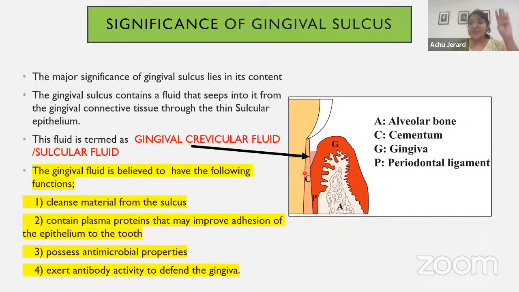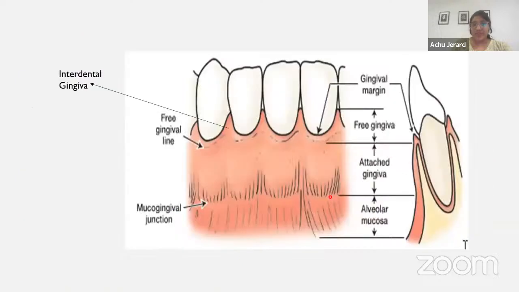So these are the four main functions: it cleanses the area, it helps the epithelium attach to the tooth surface by providing plasma proteins, and it has antibody and antimicrobial activity. So that is the significance of the gingival sulcus.